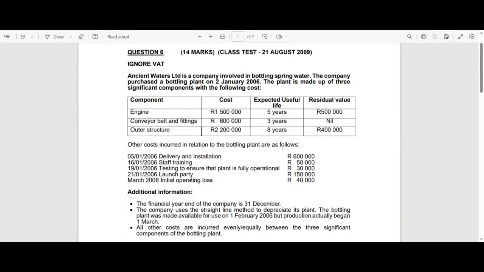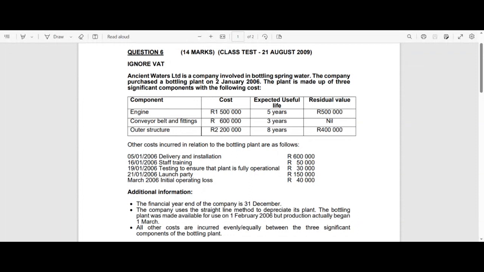But when it comes to the accumulated depreciation, where we are going to be carrying forward the balances for 5 years in the case of the engine, for 3 years in the case of the conveyor belt and fittings, for 8 years in the case of the outer structure, they will have to have a separate account for each component that carries its accumulated depreciation. Right. So all in all, we're going to have 6 accounts that will be dealing with this particular bottling plant.